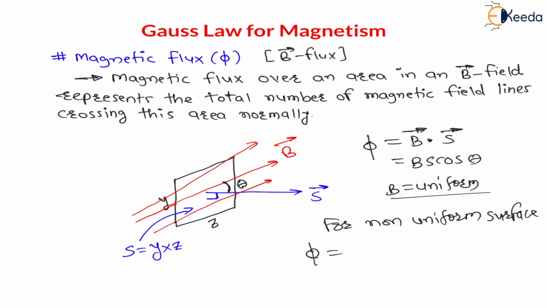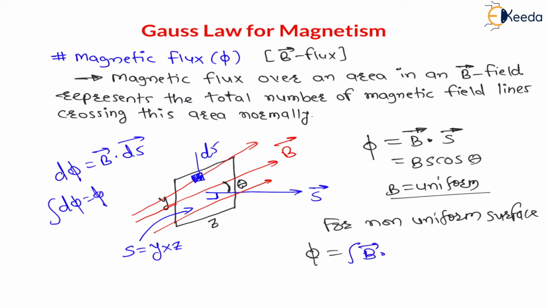What we will do, many times we have seen this, we are considering a very small elemental area, this very small area dS, right? And through this very small area we are calculating d phi. d phi is nothing but B dot dS. Through the very small area we are calculating the very small magnetic flux passing, and let us integrate both sides. If I integrate both sides, then I will get the total flux. Therefore this total flux will be the integration of B dot dS, and it is for a closed surface.